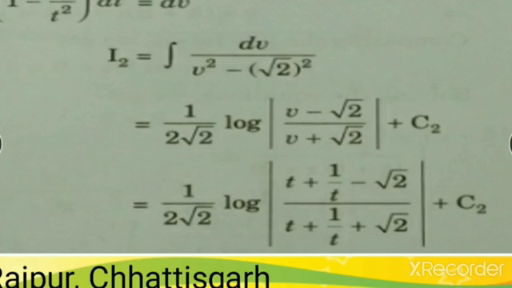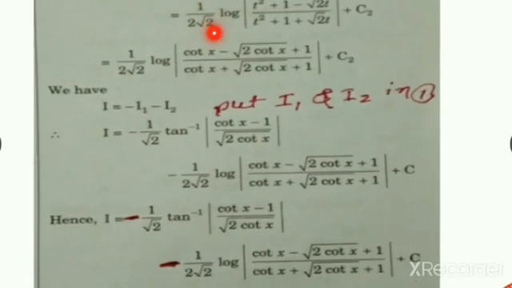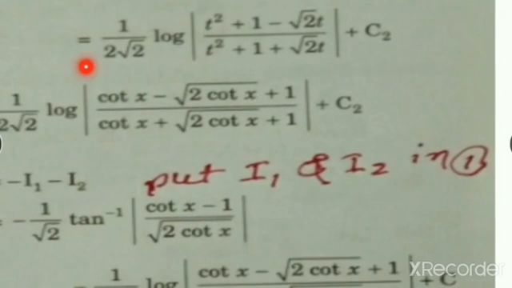Substitute value of v, here v is equal to t plus 1 upon t: 1 upon 2 root 2 log mod t plus 1 upon t minus root 2 upon t plus 1 upon t plus root 2 plus arbitrary constant c2. Now substituting value, we are getting 1 upon 2 root 2 log mod t square plus 1 minus root 2t upon t square plus 1 plus root 2t plus arbitrary constant c2.